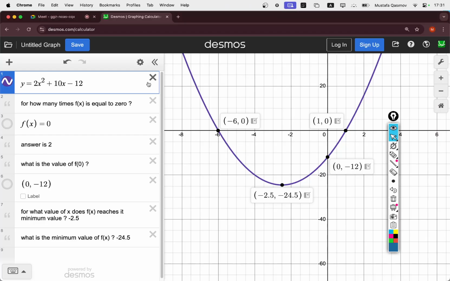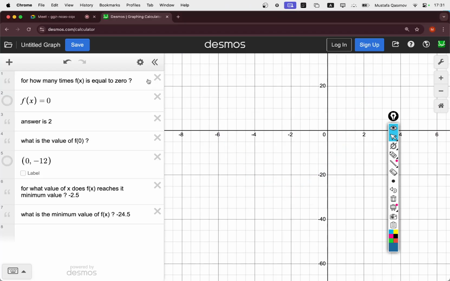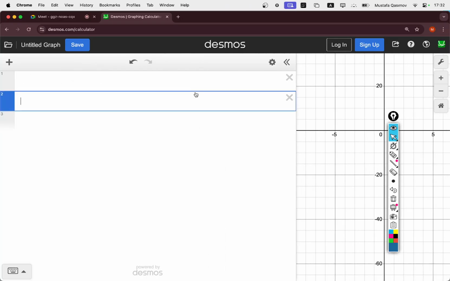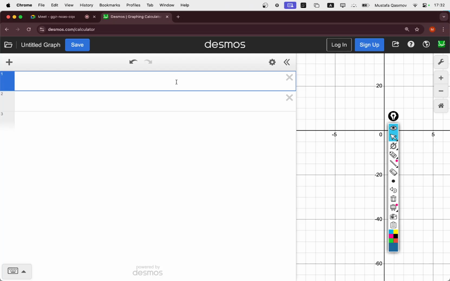Now let's look at the most important question type in the SAT. Here we have to think. We can think of it like this: when one vertex point is given and just one point is given.